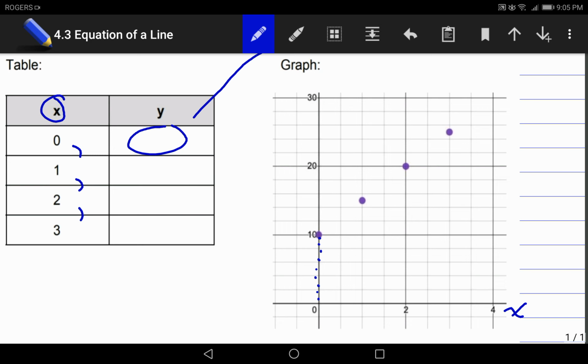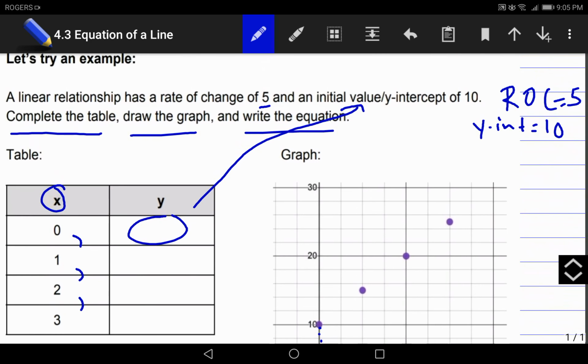That means that initial value goes right here. That 10 goes right there. That's my initial value. It has to match up with 0 for x. So your initial value has to have a 0 for x. Otherwise, it's not your initial value. So it has to be 0, comma something.